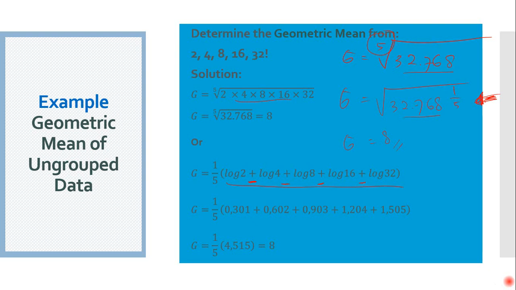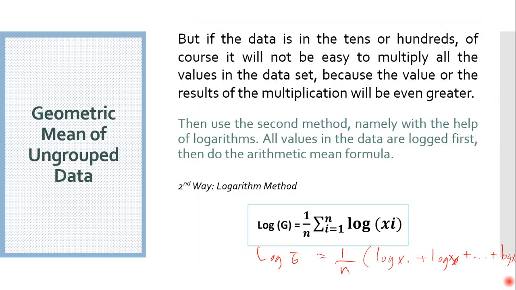That is why if the data is too much, hundreds or more, it won't be easy if you multiply by the first method. You can use the logarithm method to get a result that is smaller than the first method.